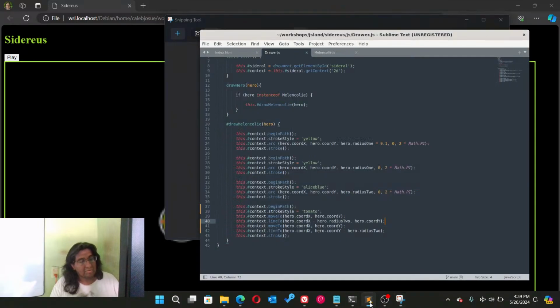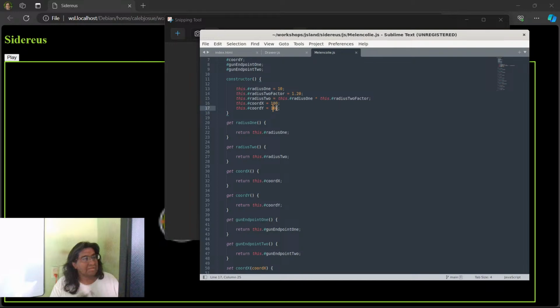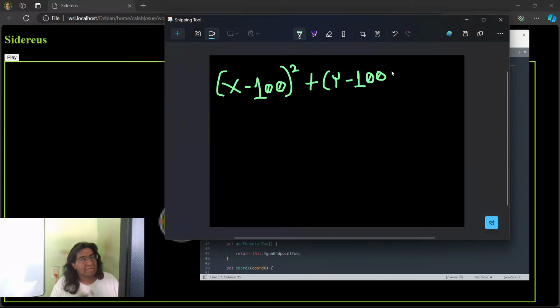Remember from the code. Where's my code? Okay, 100 and 100 equals radius, which is 12. We print this value, 12 squared, and 12 squared is 144.